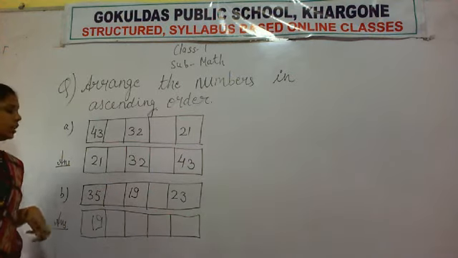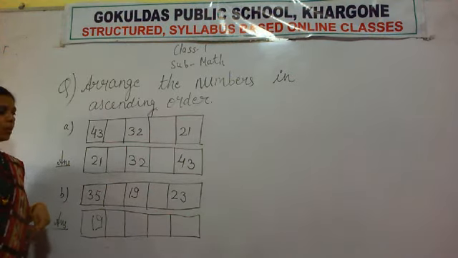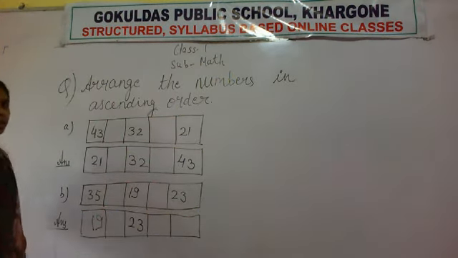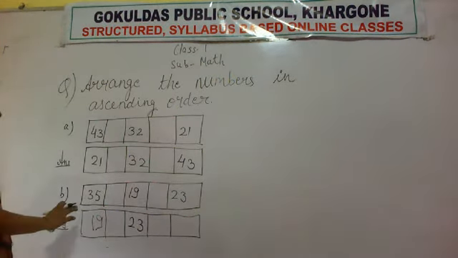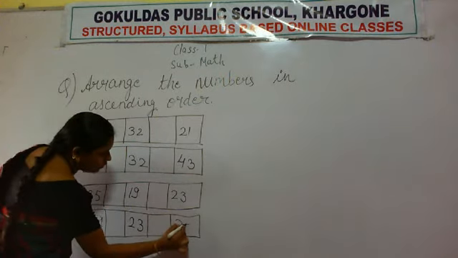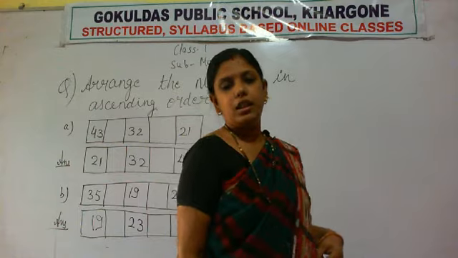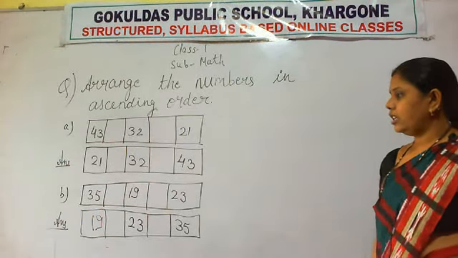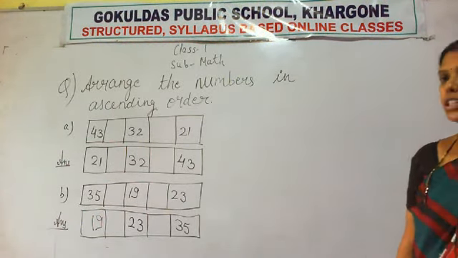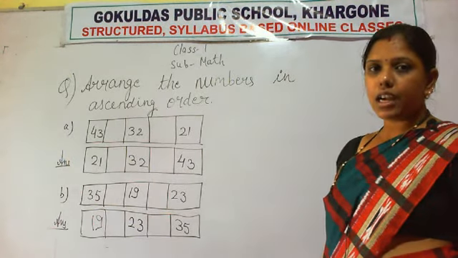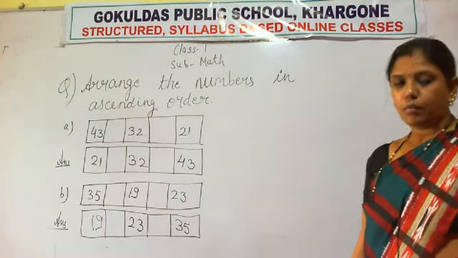Which is the smallest number? 23. So write here 23. The last number left is 35. In this way we arrange numbers from smaller number to the bigger number.